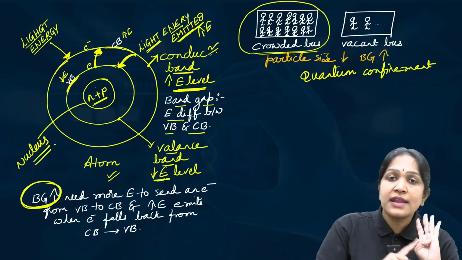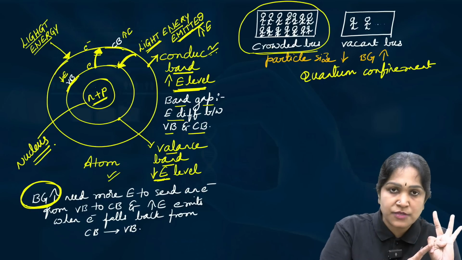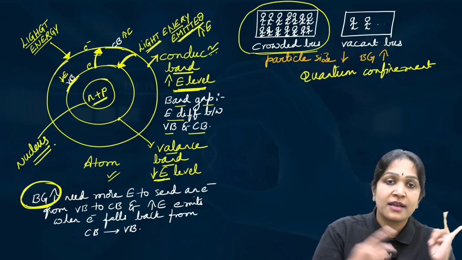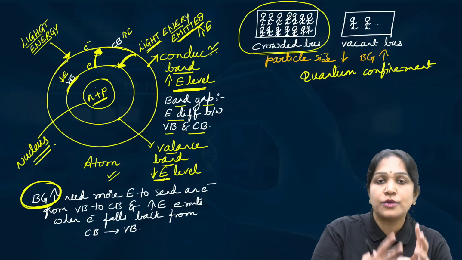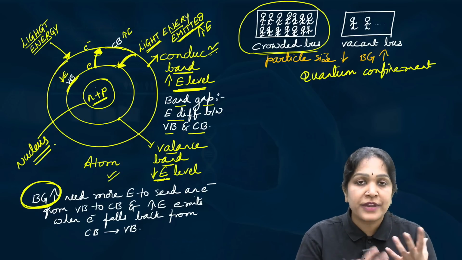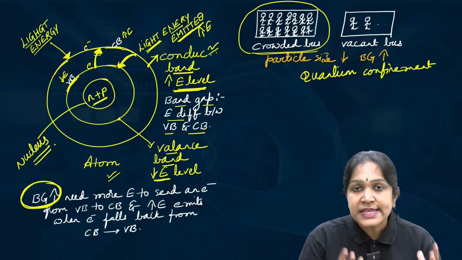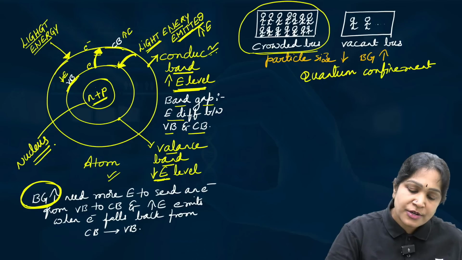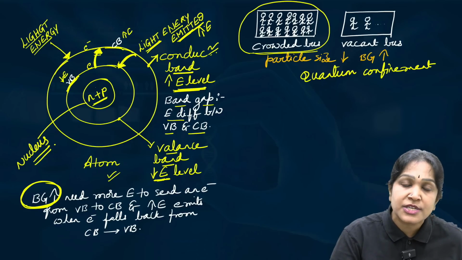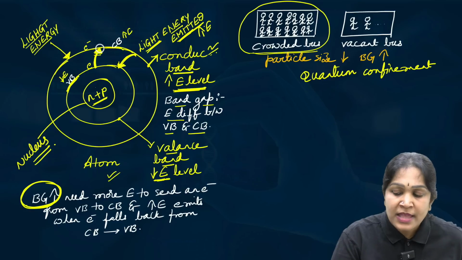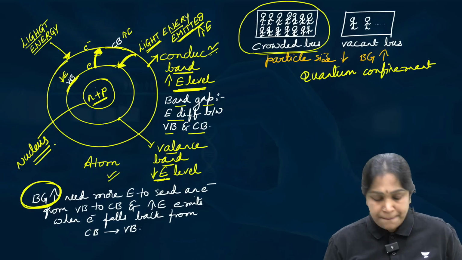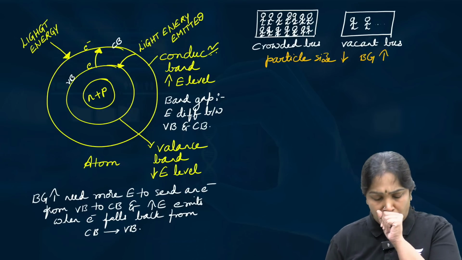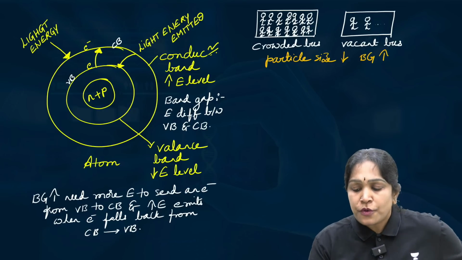Same way, in the nanomaterial, when the particle size is very small, the electrons inside the atom will be congested or confined, meaning they do not have enough place to freely move around. In such conditions, you need a lot of energy to push the electron from the valence band to the conduction band. Let us understand with the example of the crowded bus.